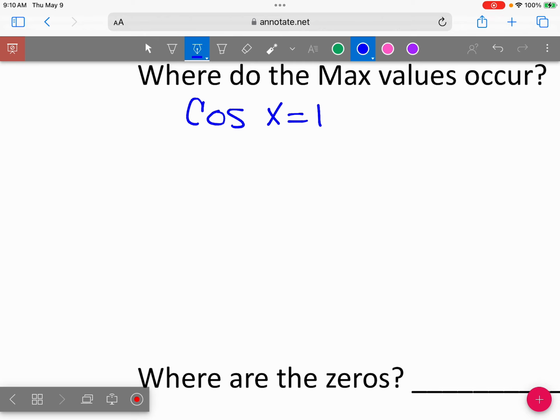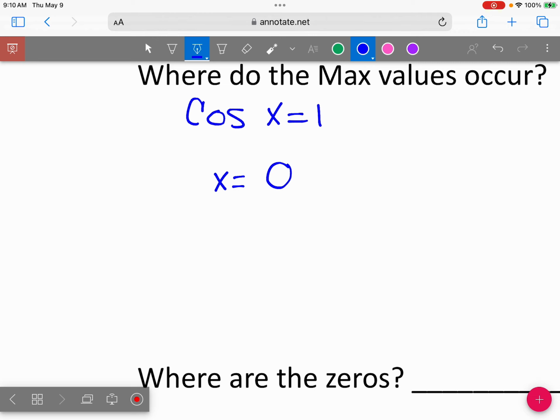So what values of cosine give us a value of 1? What will our x be? 0. And that repeats every 2 pi.